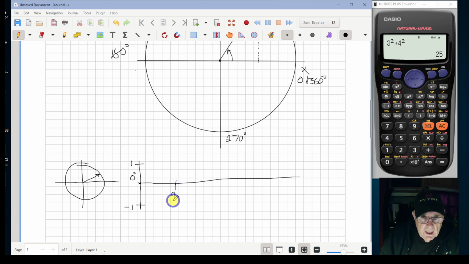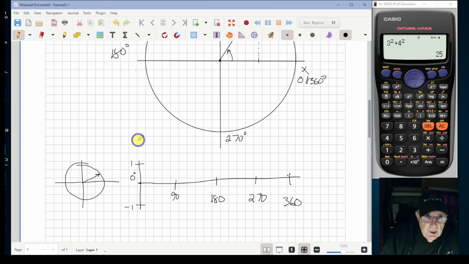And so we have like 90 degrees, 180 degrees, not 108. Must be dyslexic all of a sudden. Okay, 180 degrees, 270 degrees, and 360 degrees. So this is our y value, this is our x value.